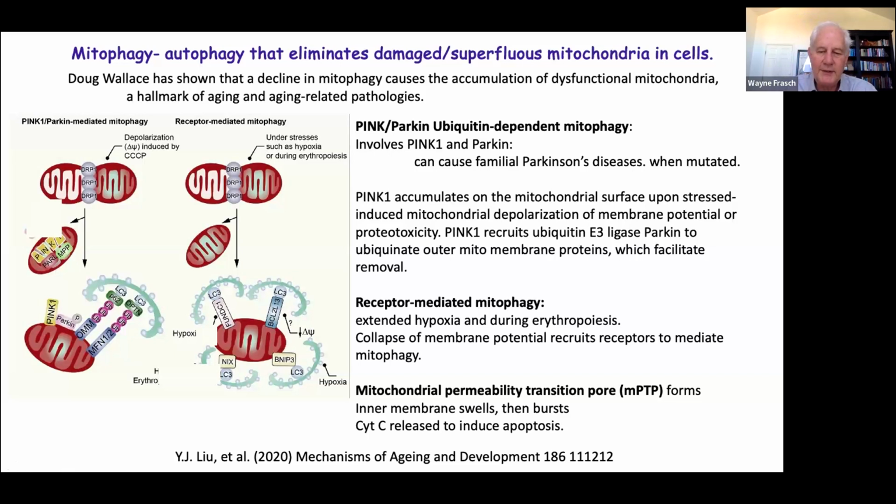And there's another way to do this by receptor-mediated mitophagy. And ultimately, what happens is that you form this mitochondrial permeability transition pore. And that causes the inner membrane to swell, and then it bursts. That releases cytochrome C to induce apoptosis.